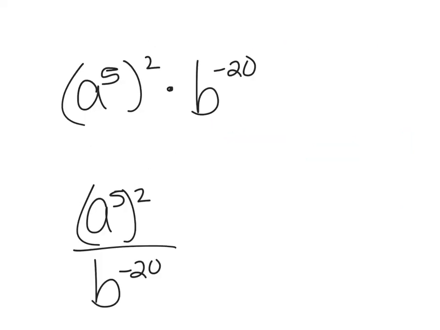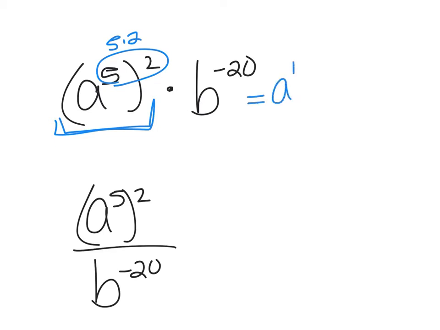Final two here. With our a's in this expression, we're going to multiply these numbers, 5 times 2, because it is a power to a power. So I will make that a to the 10th, b to the negative 20th. Now, I still have a negative exponent here with the b, so I need to make that over 1. Common mistake is for you guys to move the whole thing down.